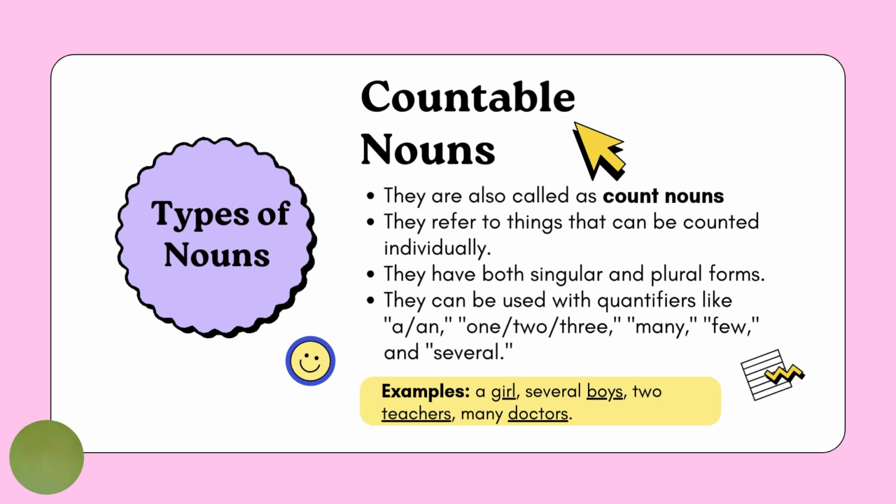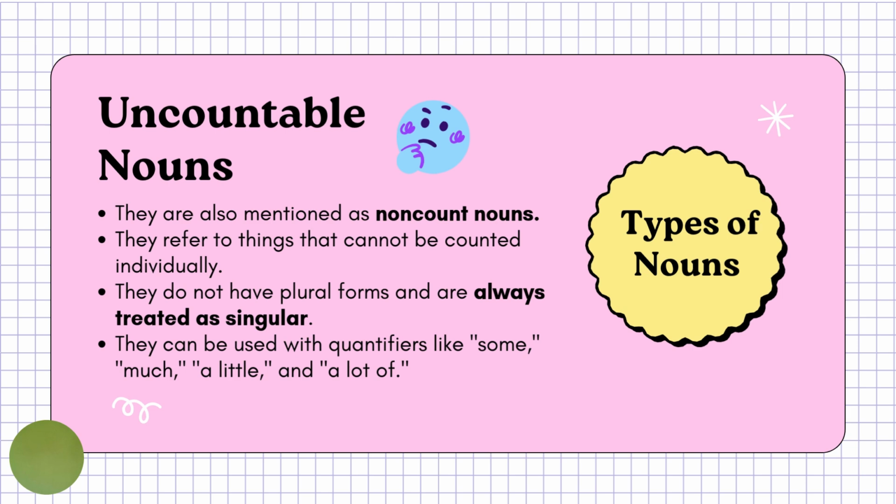Okay. It can be singular and plural. So if it's singular, then you will use one, right? But if it's plural, then you will use 2, 3, many, some, several. So be careful on this one. Okay, countable nouns. Next is uncountable noun. Uncountable noun is also called non-count nouns.